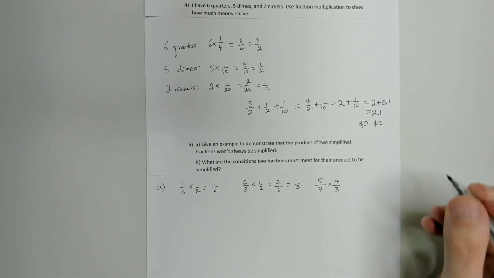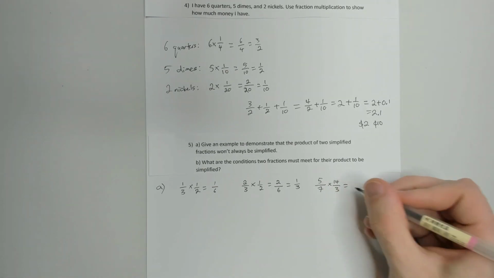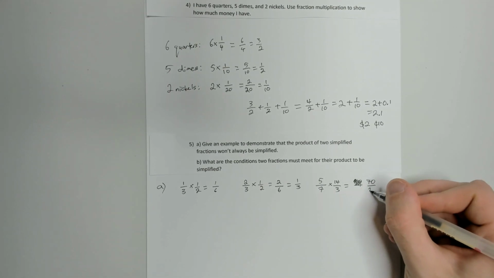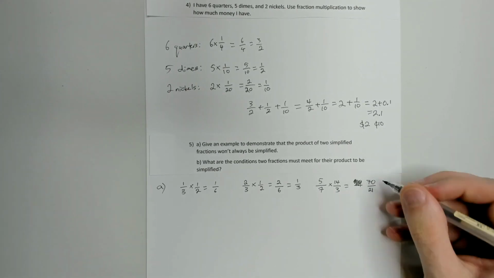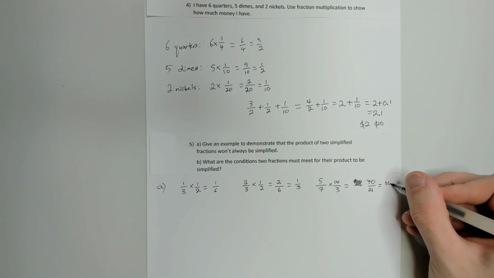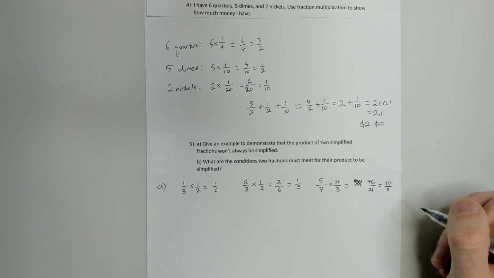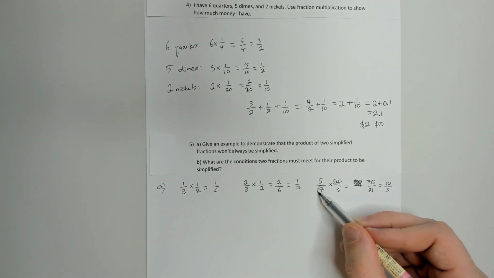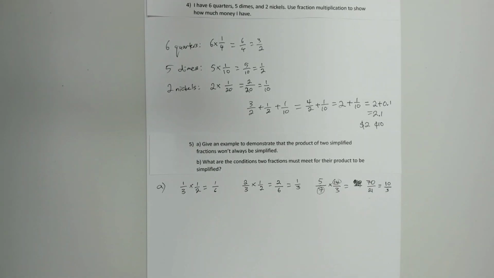So this is another simplified fraction, but when I multiply these out, 5 times 14 is 70, 7 times 3 is 21. 70 and 21 are both divisible by 7, and we can simplify that right down into 10/3, right? So we didn't get a simplified fraction because this and this both carried a common factor. All right, so try some more examples other than what I have here, and really think about why it is not necessarily giving me a simplified fraction.